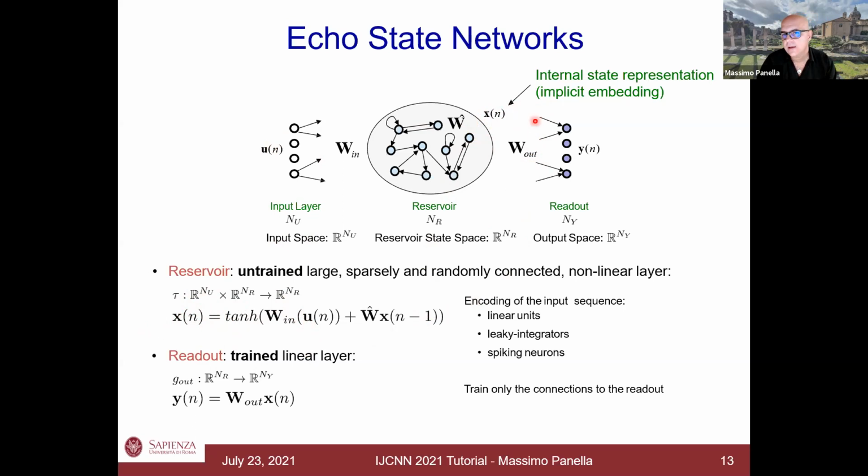Then there is only a linear combination of the two to obtain the output. But of course, even a nonlinear function can be applied at the output. The training difficulty is that, if the nonlinear function is invertible, there is no problem, because we can train the readout by a linear least square approach.